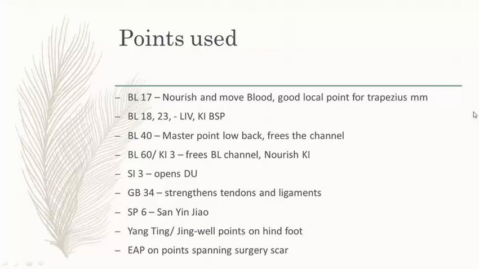I used gallbladder 34 to strengthen the tendons and ligaments, and I used spleen 6, San Yin Jiao, to try and help nourish the yin, and spleen 6 also helps with blood stagnation, primarily in the lower part of the body. I used the Jing-well points on his hind feet, so stomach 45, gallbladder 44, bladder 67.